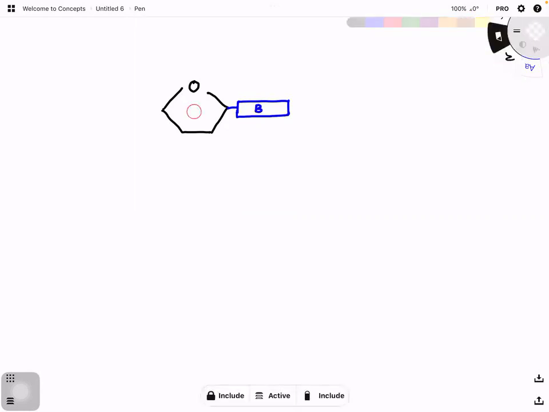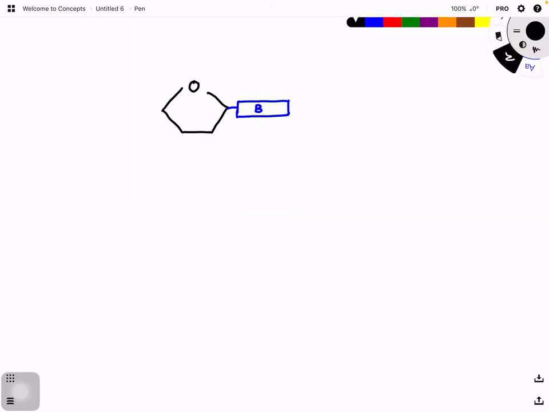If I label them, carbon number 5 is always outside the ring, so carbon number 5 is CH2OH. Carbon number 1 is attached to the base. Carbon number 2, because it's a deoxyribose, has H. Carbon number 3 has OH. This is carbon number 2, carbon number 3, carbon number 4, carbon number 5.